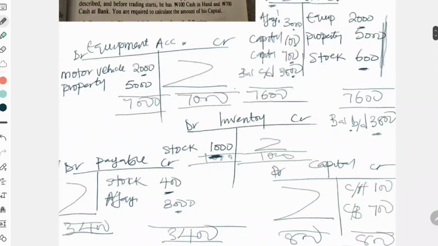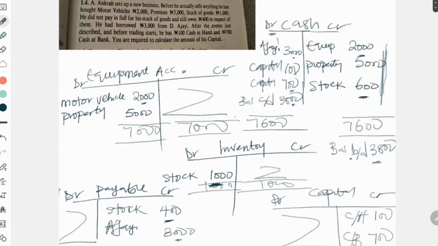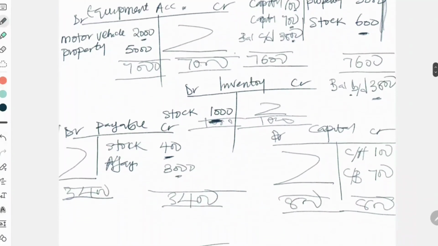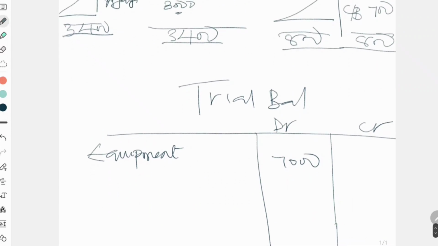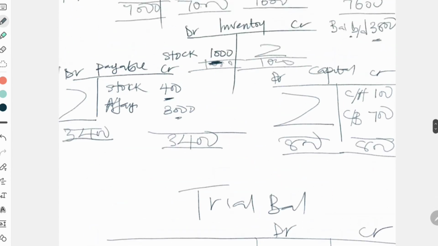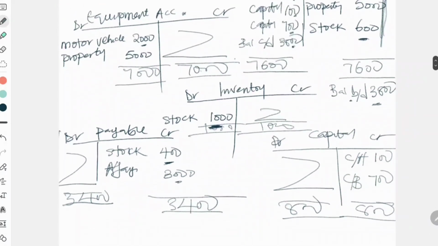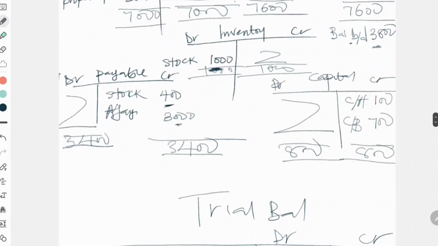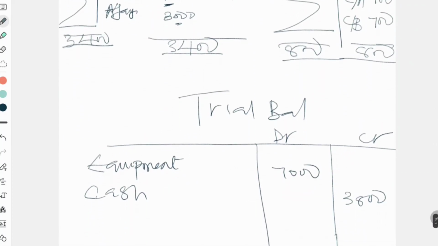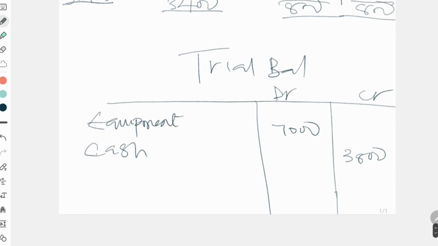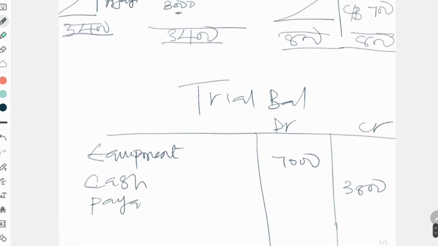The next is cash. Cash account. How much do we have? We have a credit balance of 3,800. Okay, cash, we have a credit balance of 3,800. So next is accounts payable. Account payable, we have a credit balance of 3,400. Payable, a credit balance of 3,400.